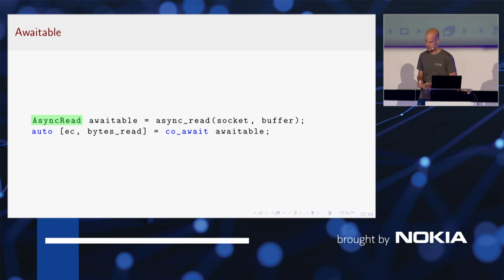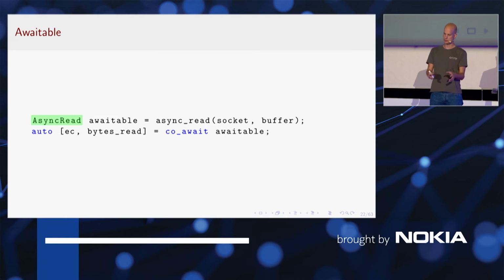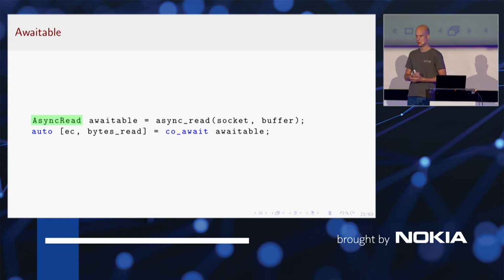So if we think back to the motivating example in the beginning, if you have such an async read call, what that will give you back is an awaitable. You can then pass the awaitable to a co_await call, and that will suspend your coroutine, and then the whole mechanism starts executing that will handle the asynchronous execution of this request.